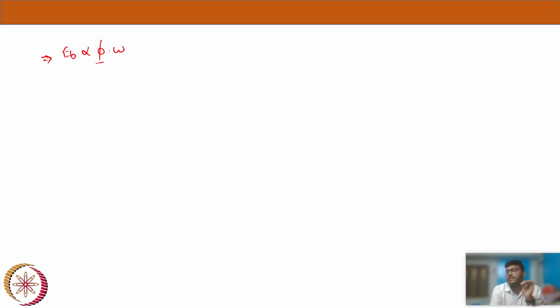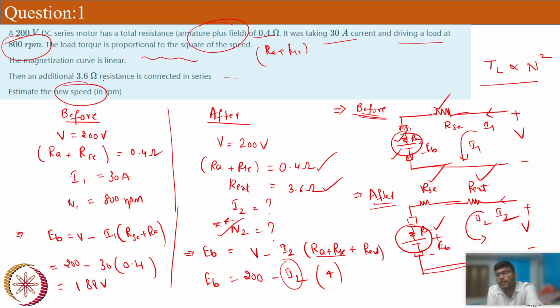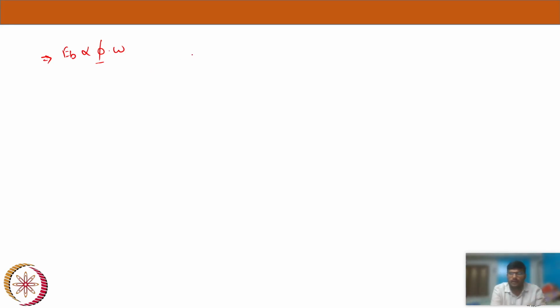Now since this is a series motor, what is the current flowing in the series winding, the field winding? That is I1. The same current flows through the series winding as well as the armature winding. So now I can say EB is proportional to I into omega, that is field current into omega.